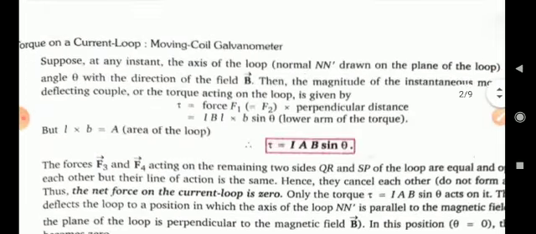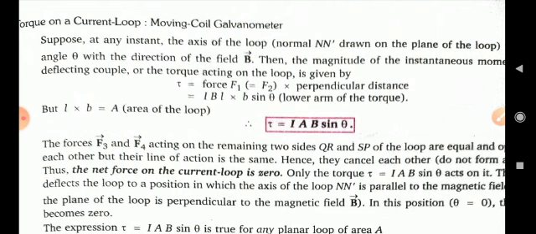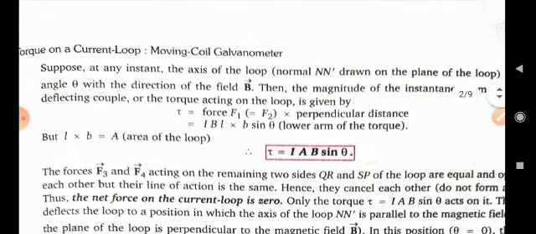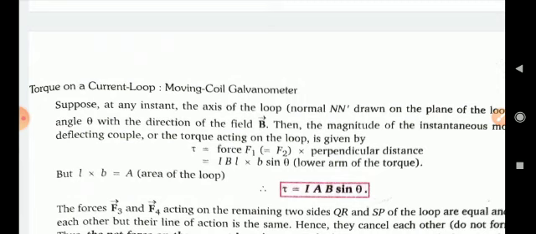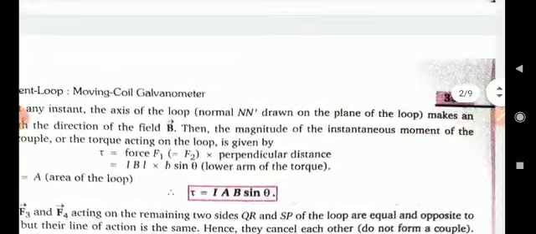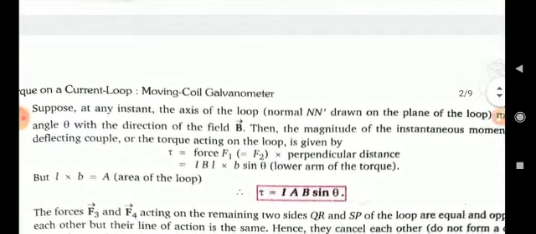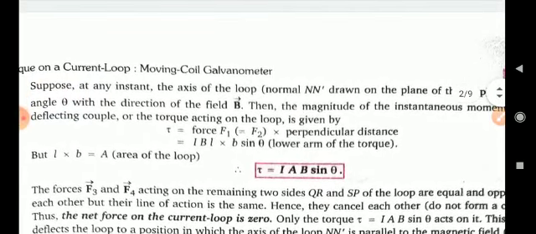Okay children. Next, we know that by the help of torque, at any instant, the axis of the loop, normal n and dash, drawn on the plane of the loop makes an angle theta with the direction of field B vector. Then the magnitude of the instantaneous moment of the deflecting couple, or the torque acting on the loop, is given by torque equal to force into perpendicular distance.